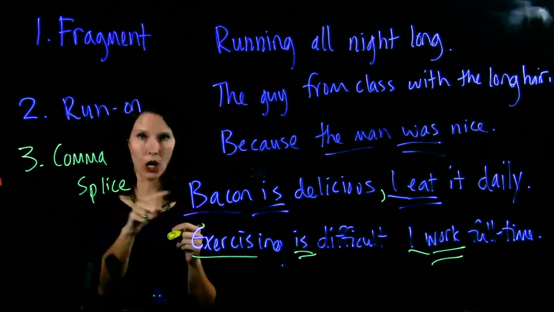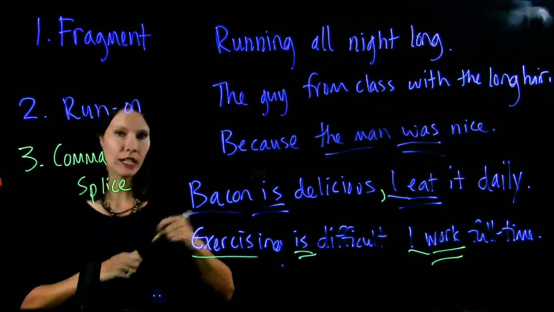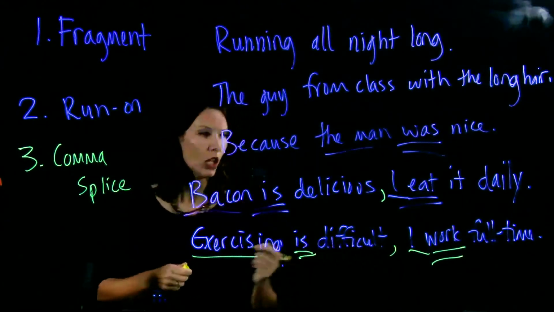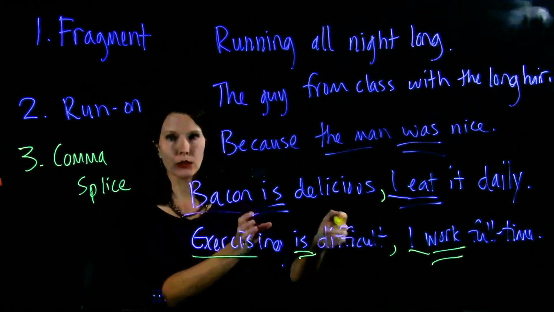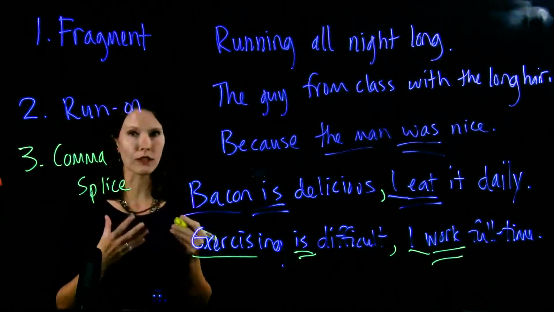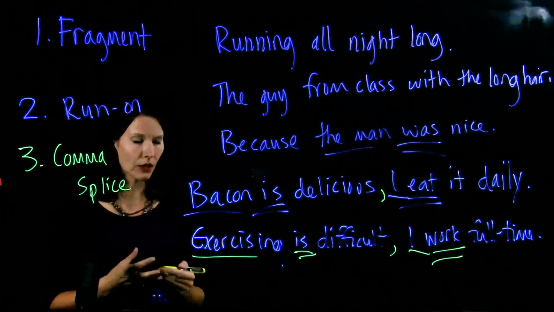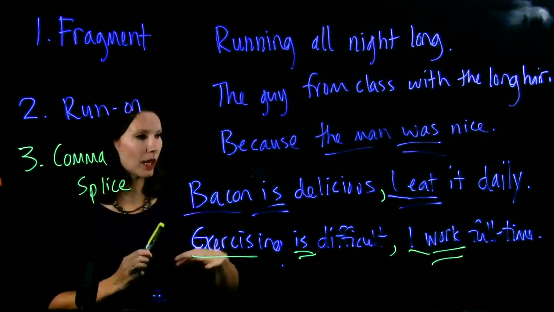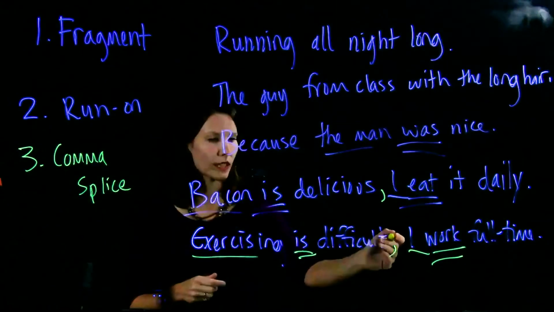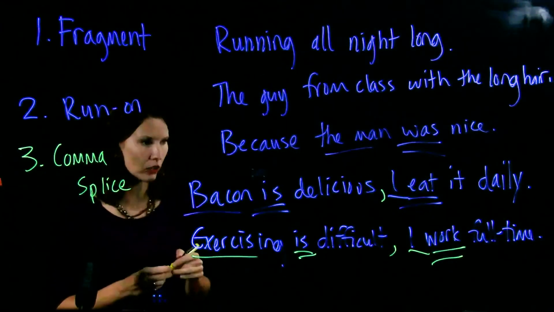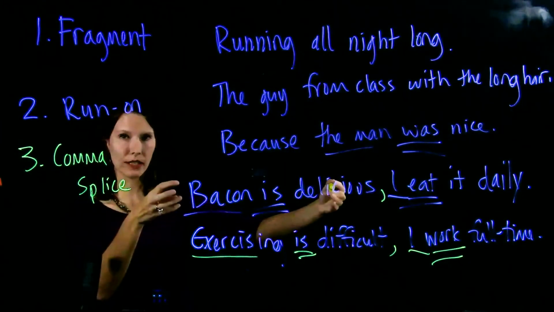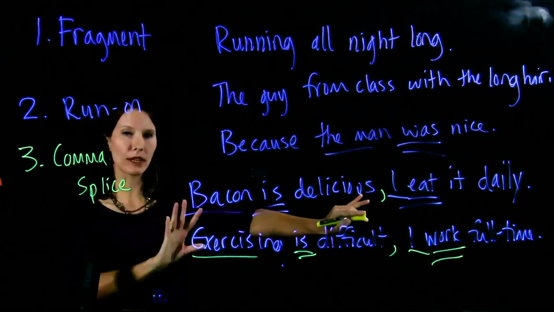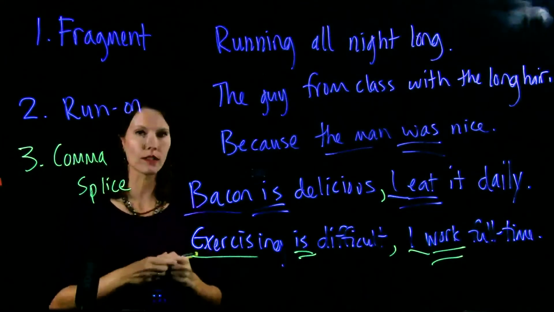That would correct that comma splice. Same thing down here, exercising is difficult, comma, I work full-time. That's a comma splice. I've joined two sentences with only a comma, which is not correct. It's not allowed. So I could correct that by instead changing this, for example, to a period or a semicolon. Then that would correctly join those two sentences or correctly separate them into their own separate sentences.